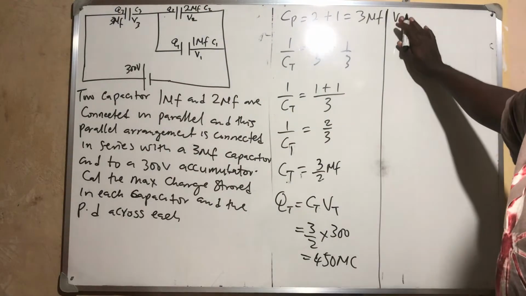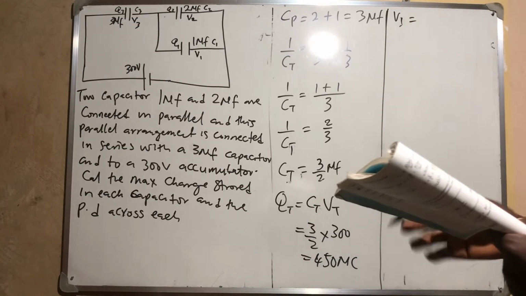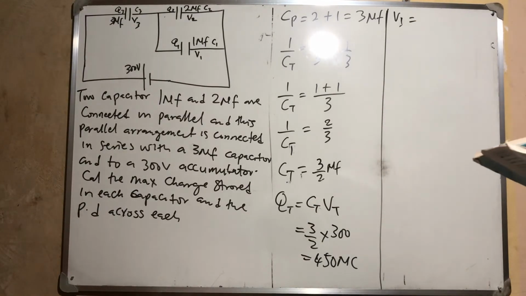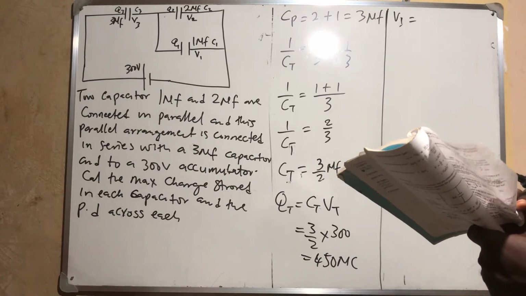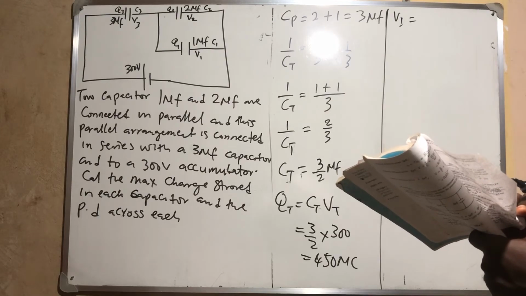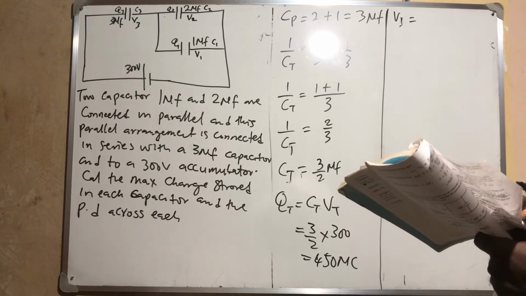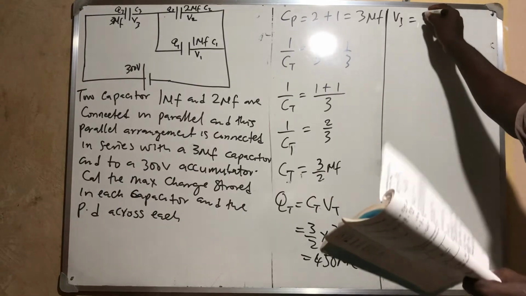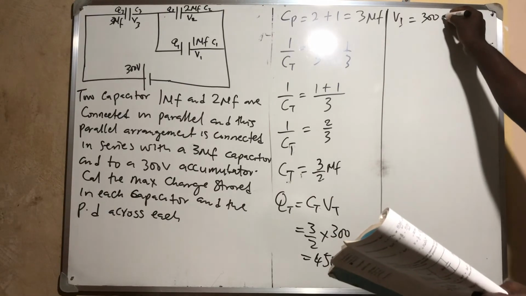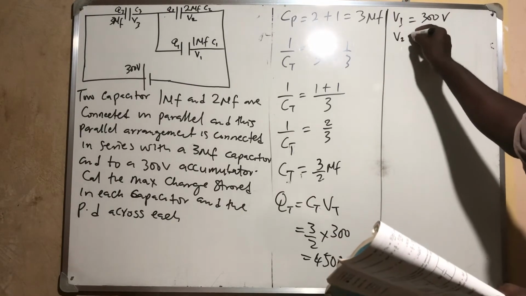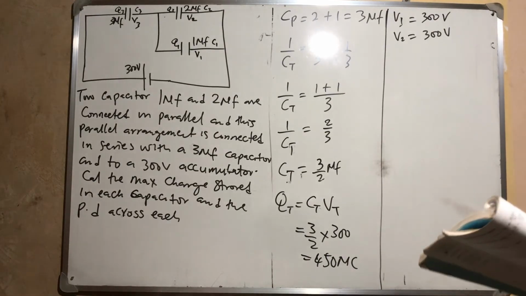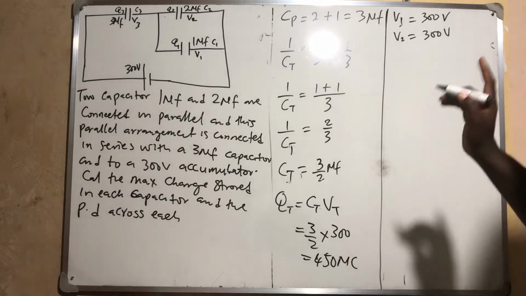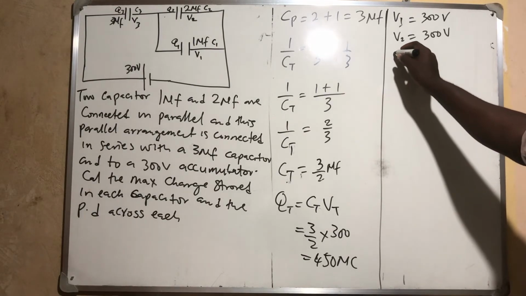So V1 is equal to 300 volts. V2 is equal to the same 300 volts, because the same potential difference crosses them. But V3 is different.